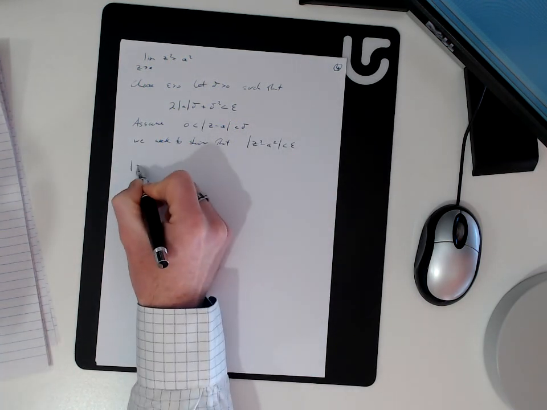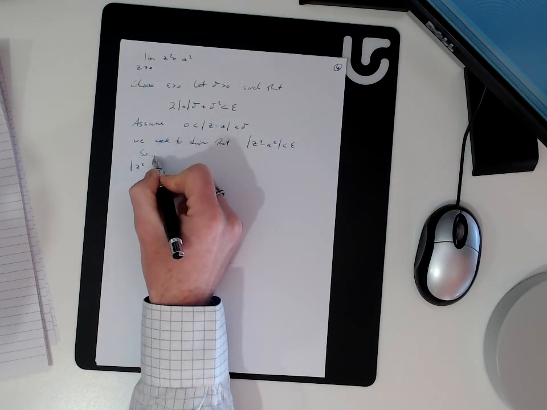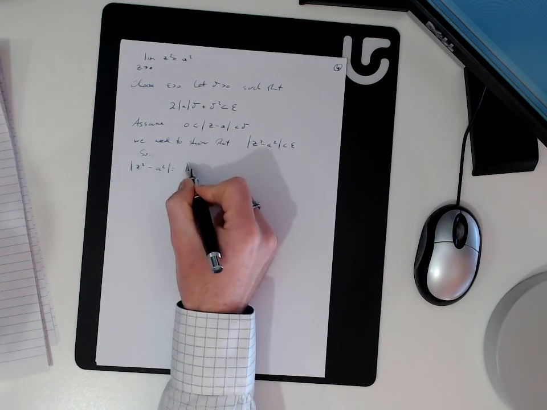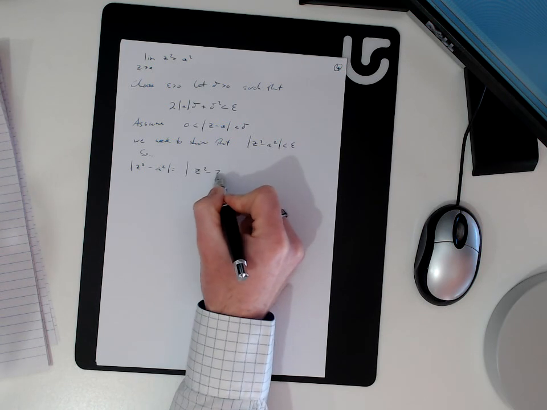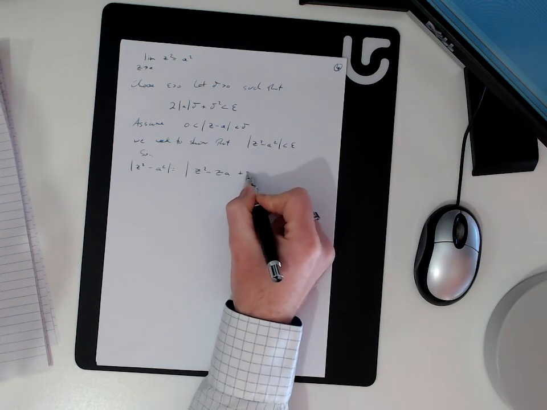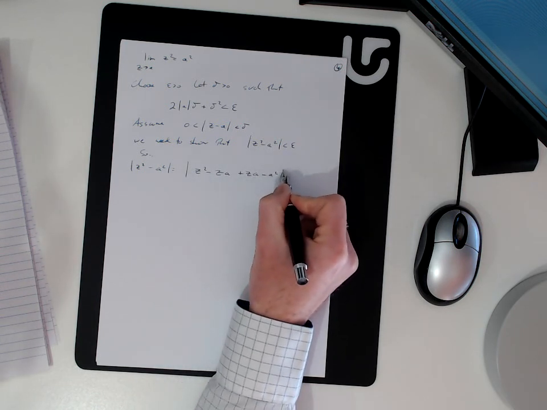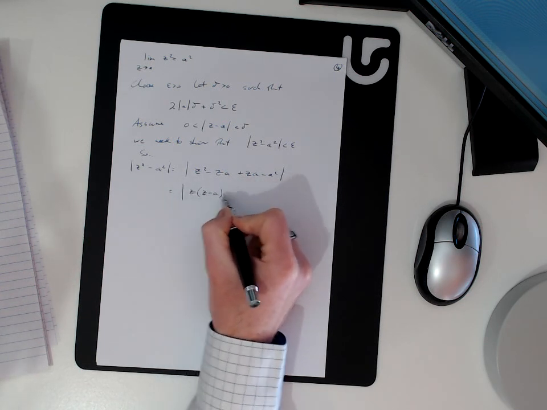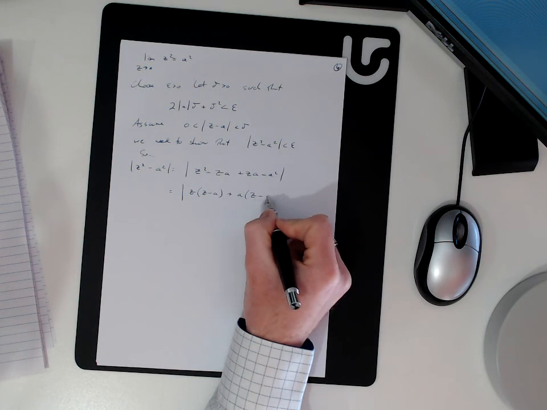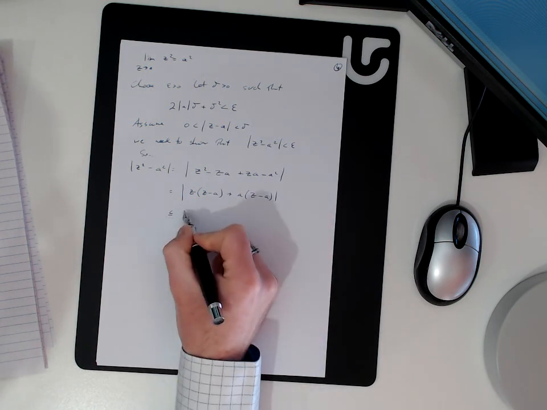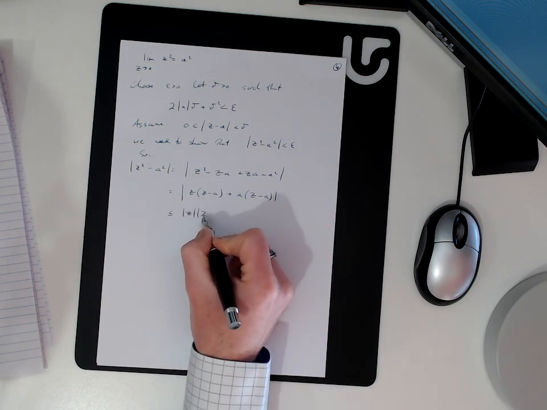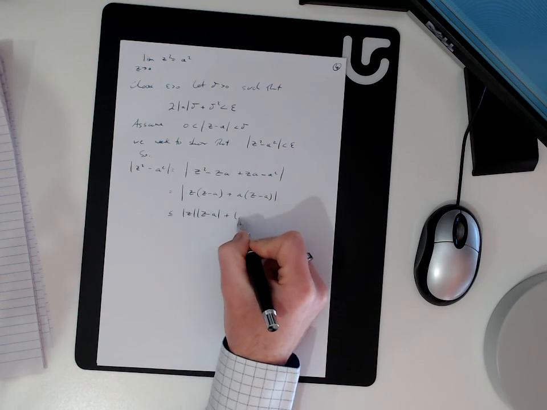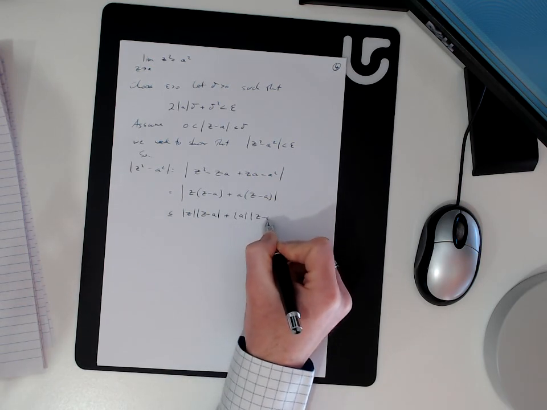Okay. Now, z² − a² is equal to z² − za + za − a², which is equal to z(z − a) + a(z − a), which is less than or equal to |z||z − a| + |a||z − a|.